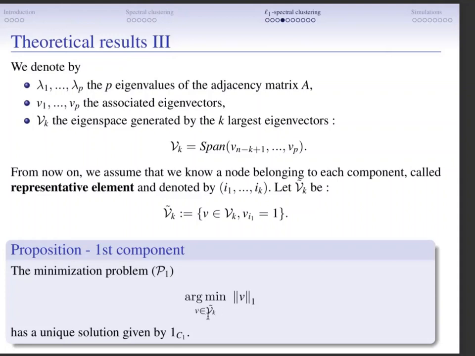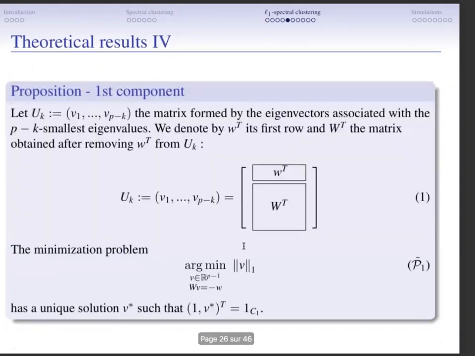Fortunately, you can rewrite this set of constraints using the fact that all the eigenvectors are orthogonal. If you write your orthogonality constraints, you can show that this space of constraints can be rewritten as linear equality constraints.